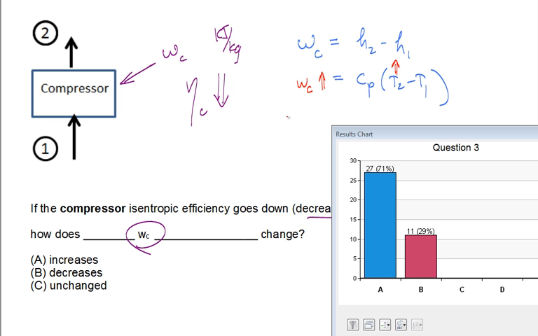That's right. So you could work out that T2 actual is equal to T1 plus (T2s minus T1) divided by the efficiency of the compressor. Is that what you're thinking? Right? So what's the correct answer? A? Yes. Okay.